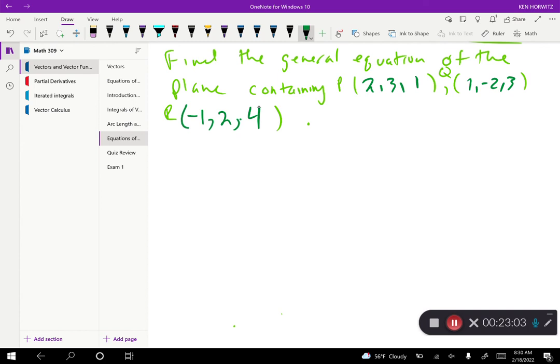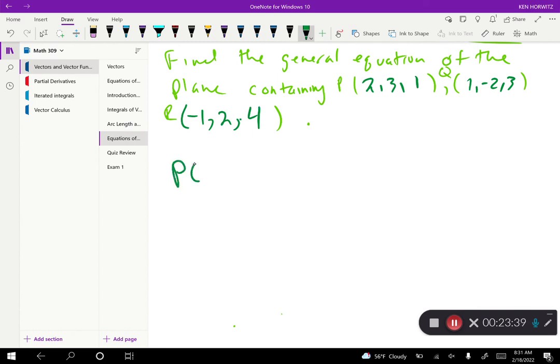But again, I've seen this problem done before. I like it because it calls up some old skills that we need. So I'm asking for the equation of the plane, but I'm only given 3 points. I have too many. Now the question is, I need a vector normal to the plane. Well, to get a vector normal to the plane, probably cross product is going to be involved. But the first thing I need before I can do cross product is 2 vectors in my plane.